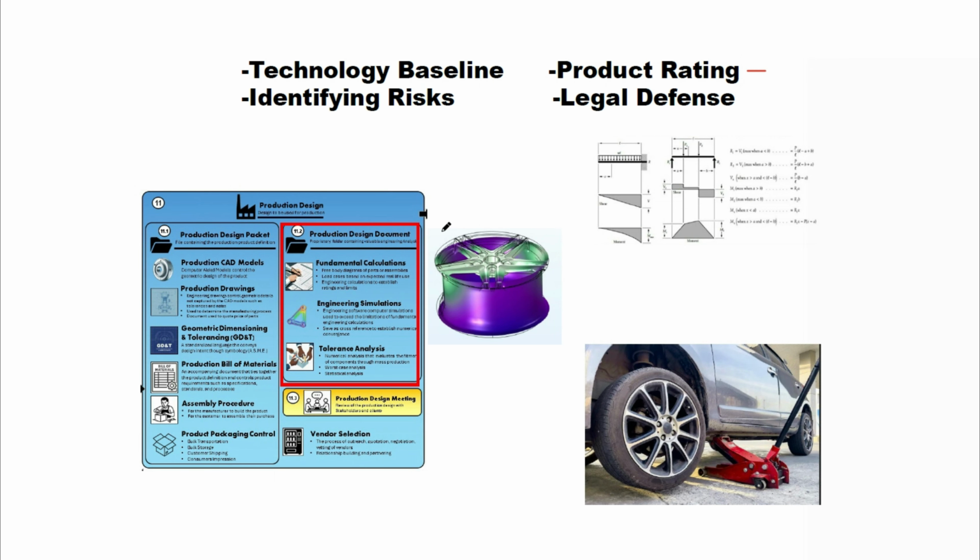So if your sticker on your product says no more than 100 pounds on this stool, or this table cannot hold more than 500 pounds, these ratings and these fundamentals come from your product design package. Or maybe like a car jack here, right? Do not lift more than 7 tons using this jack. So the limitations and kind of basic science behind your product come from your product design documentation, okay?